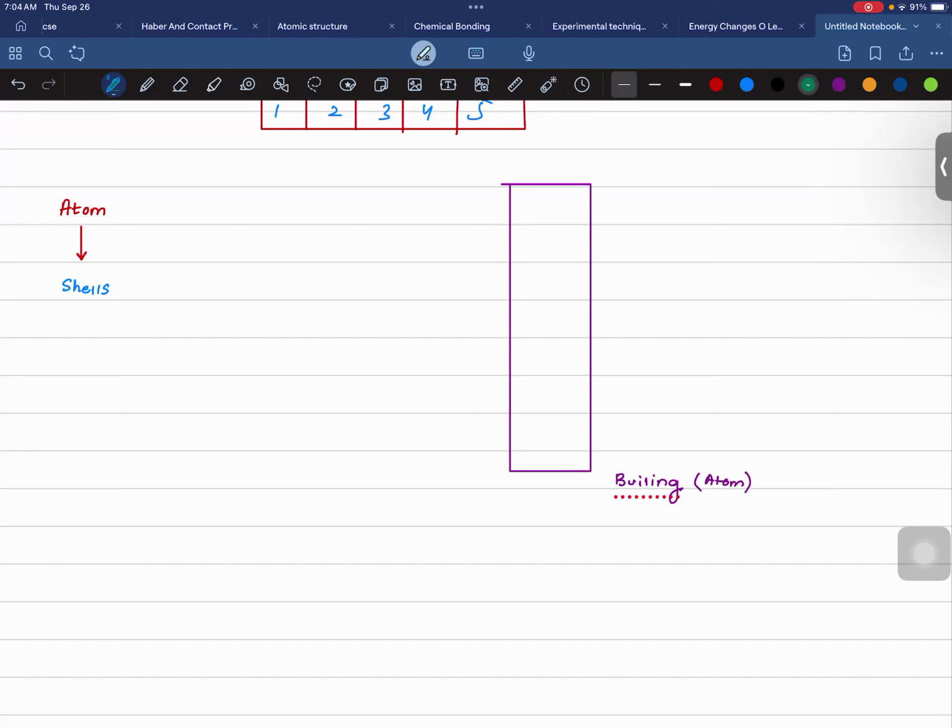This building has different floors. So in an atom you will see the shells. Shells are just like floors. And then you have subshells.